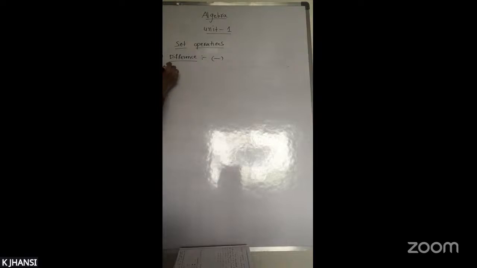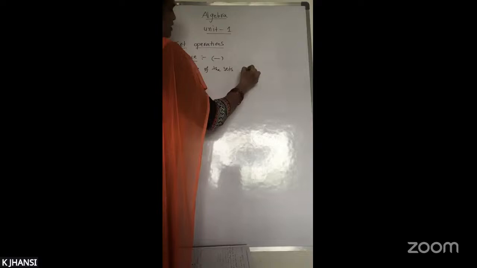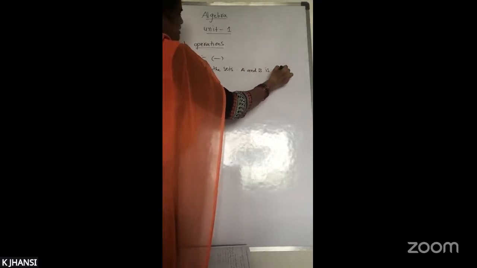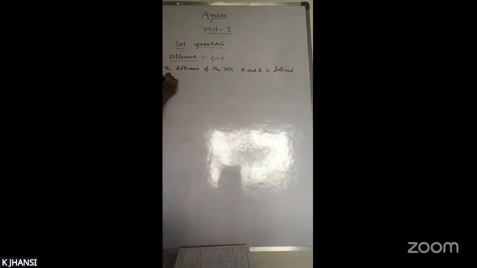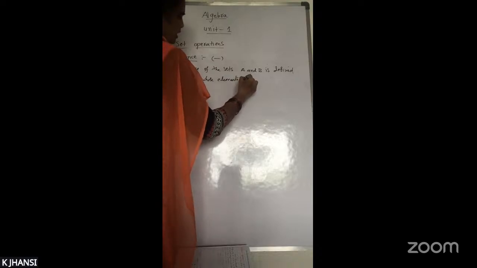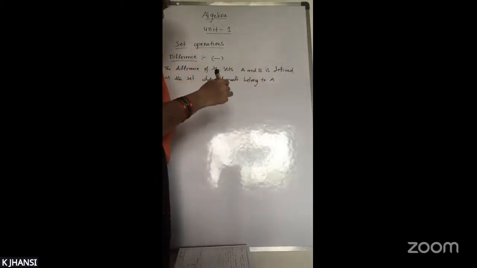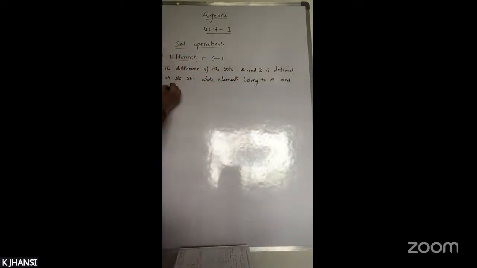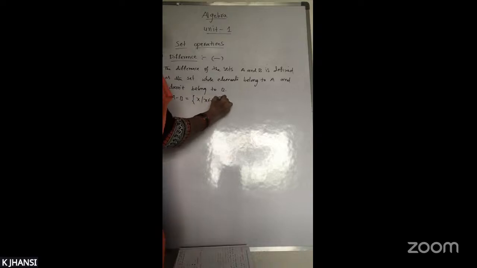Okay. The difference of the sets A and B is defined as the set whose elements belong to A and don't belong to B. We write A minus B is equal to {X such that X belongs to A and X does not belong to B}.